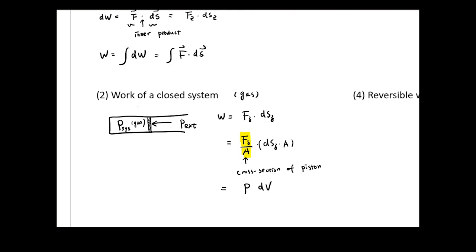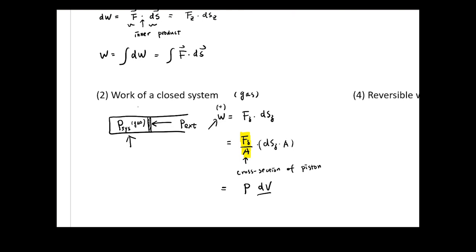Since right now I exert the force onto the system, should the work be positive or negative? Positive, right? The work needs to be positive because you're doing the work onto the system. But when you do this, how does it affect the volume of the gas?